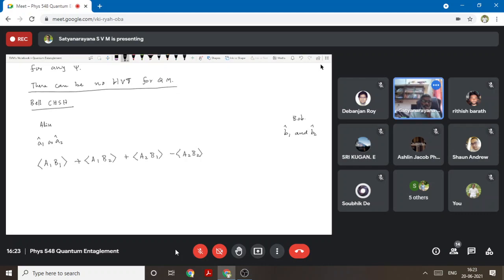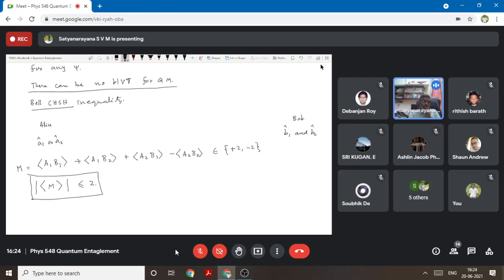If you have this kind of correlation function, you call this some M. And notice that each one of them is either going to be +1 or -1, so this one will be either +2 or -2. So when you take the ensemble average of this M, it has to be less than or equal to 2. A correlation function defined in this fashion is called the Bell CHSH inequality.